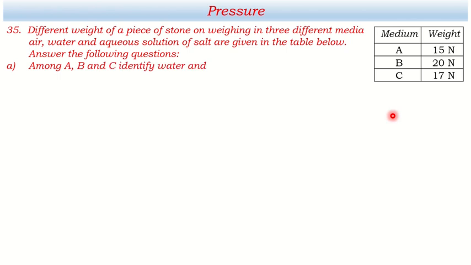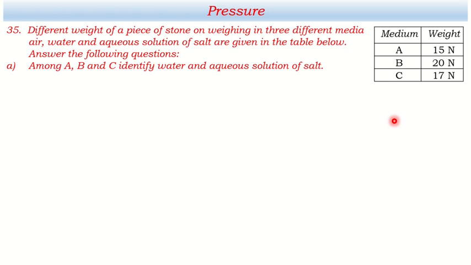Here is the question: among A, B and C, identify water and aqueous solution of salt. It's very simple. The weight of the body will be maximum in air. We know this because upthrust of air is negligible, and its weight reduces in water. Maximum in air means 20 Newton, so B is air, and a little less in water, that means 17 Newton, so C is water.